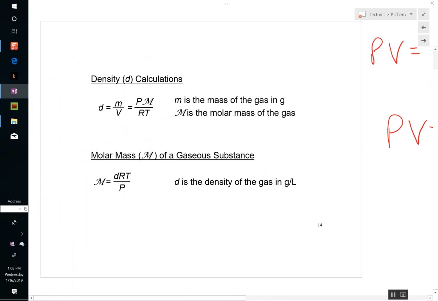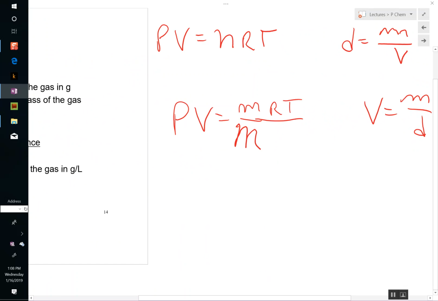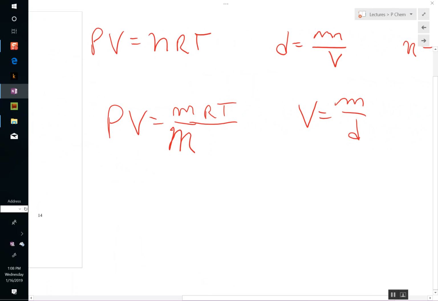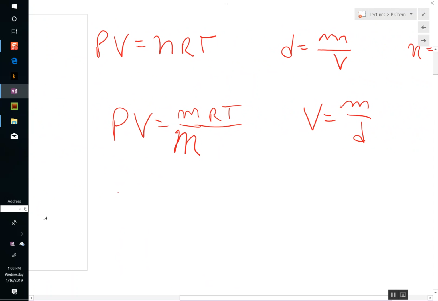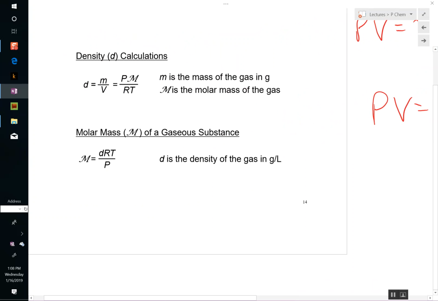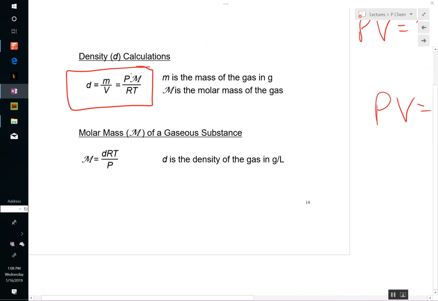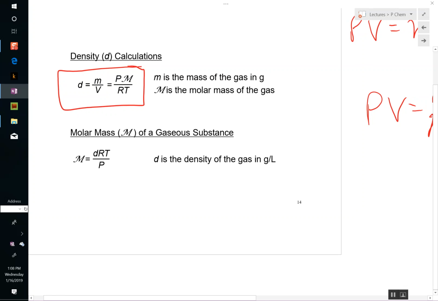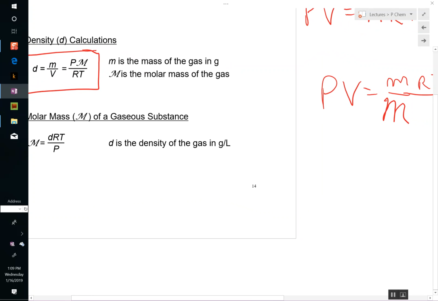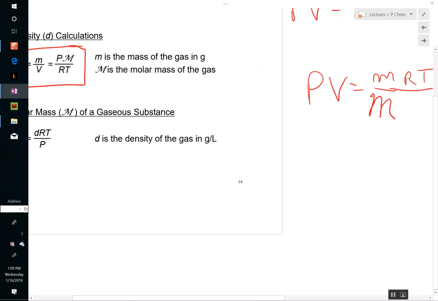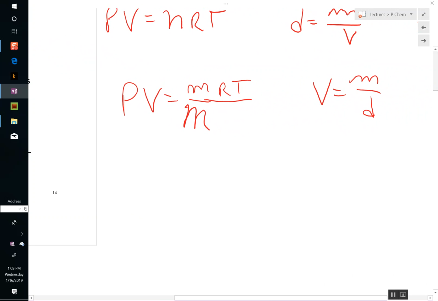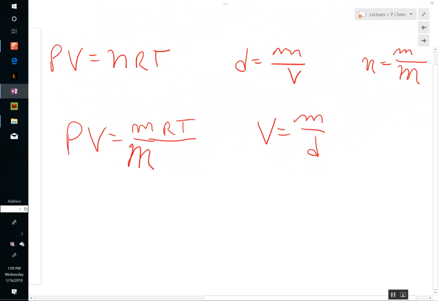Let's see, where did we get to here? I'm working on deriving that equation right there: the density equals pressure times the molar mass over RT.